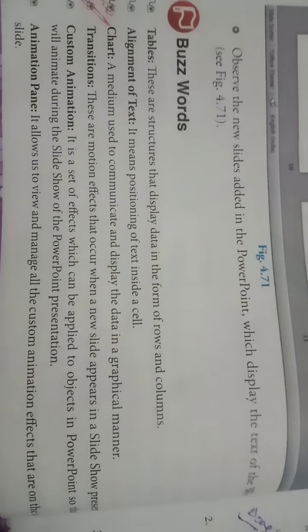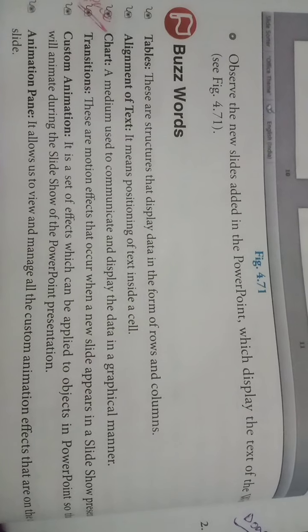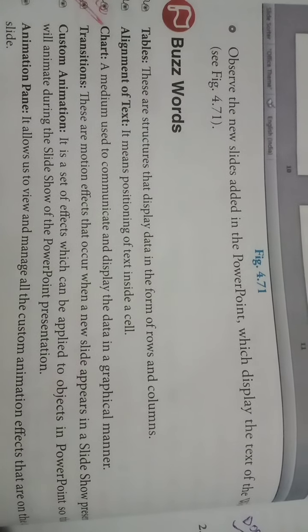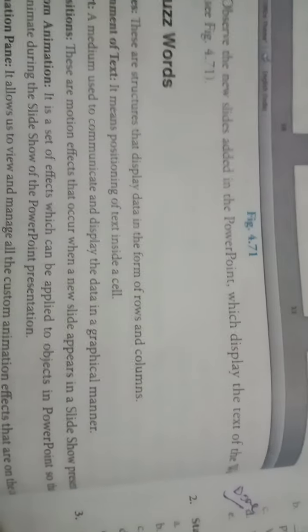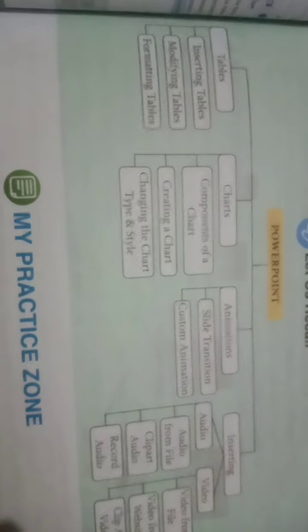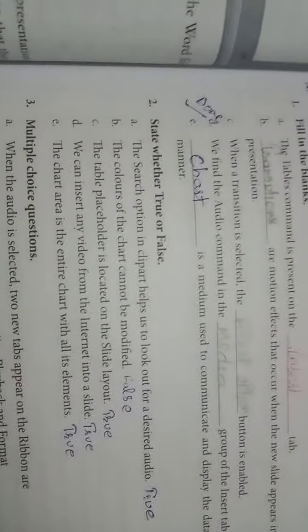Animation pane, it allows us to view and manage all the custom animation effects that are on the current slide. You need to write two definitions as well as draw this diagram in your computer notebook, and then after you have to do the true and false.